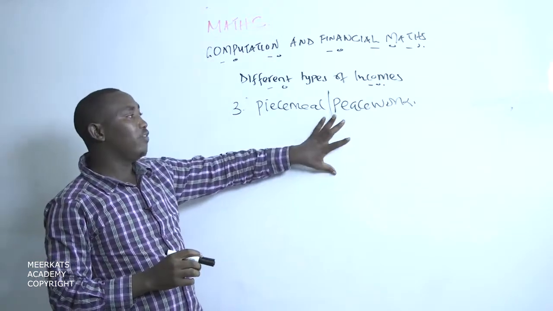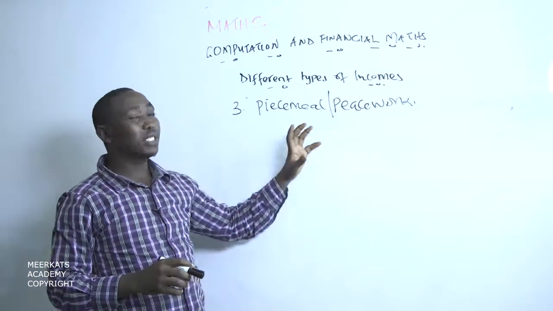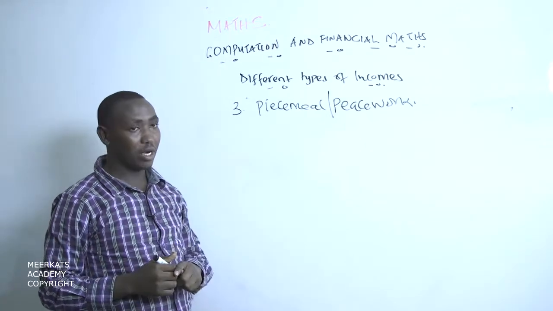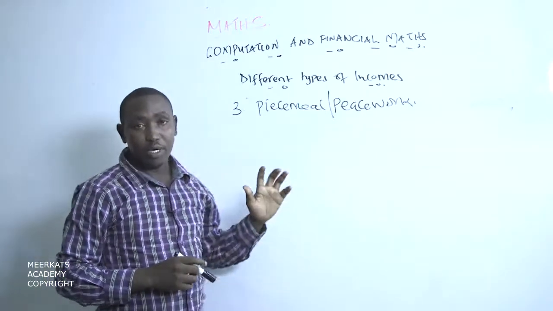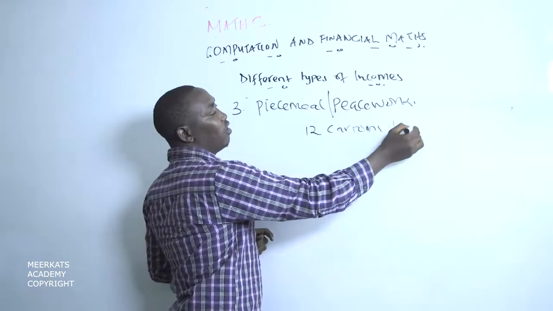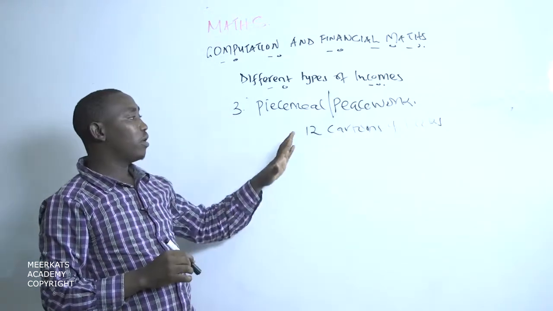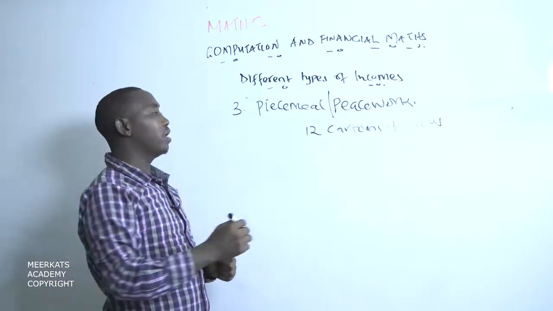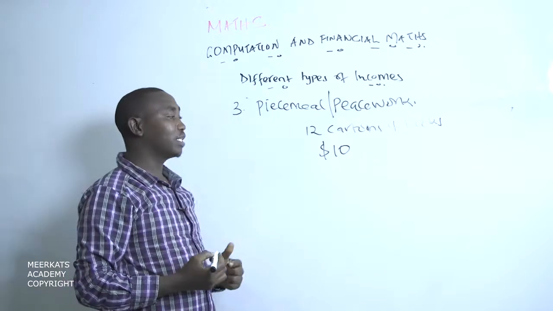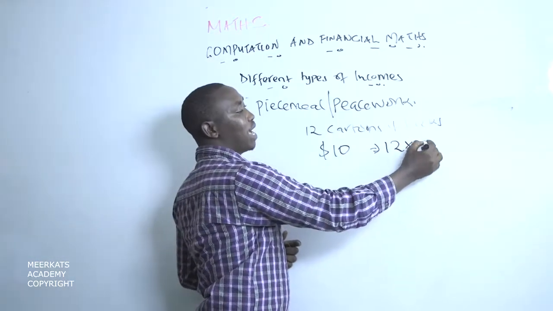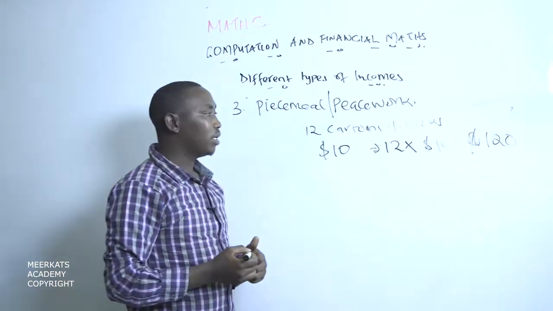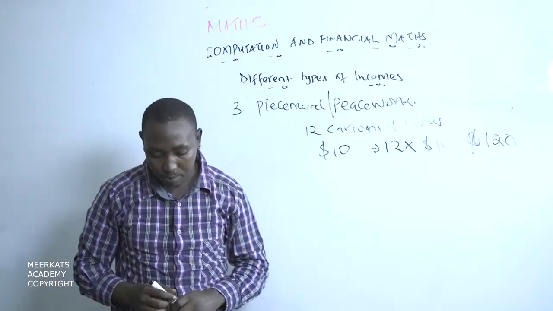So for example, if you produce, let's say, 12 cartons of books, and on one carton you are given a piecework of US$10, then at the end of that activity, you'll be able to take home 12 multiplied by $10, which is equivalent to $120. So this is what we call piecework or piecemeal.